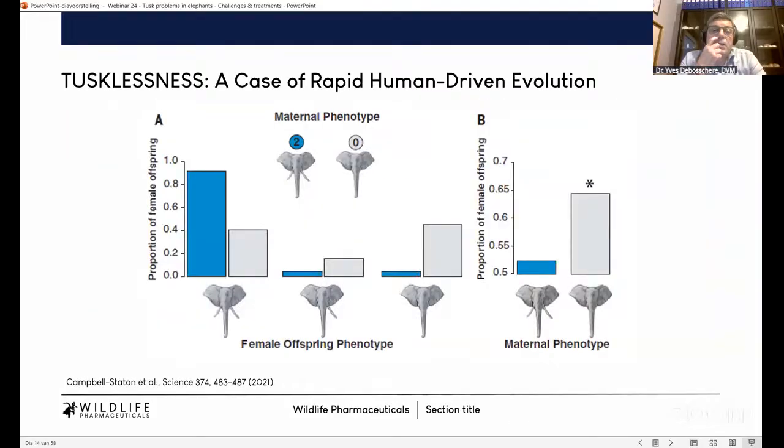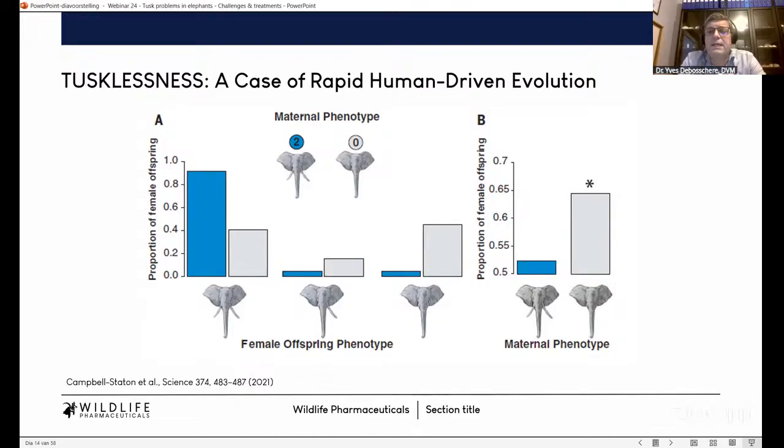So if they look at what happened, they saw that out of the females that had two tusks, the majority had tusks and some were tuskless. But the offspring of tusked and tuskless female elephants were much more often tuskless babies. And then on the right part of the slide, you could see the maternal phenotype.